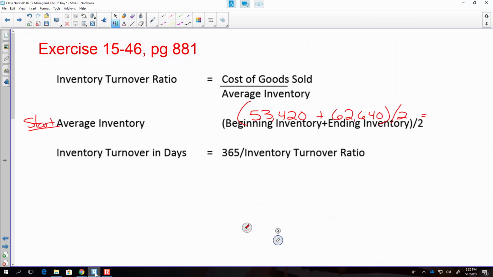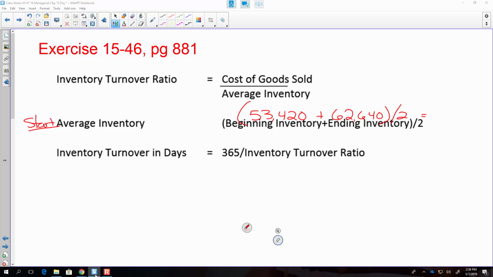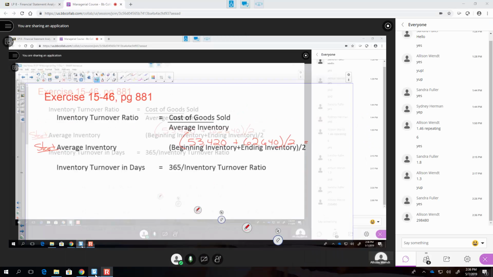What's my average here? I'm just looking for the average inventory.